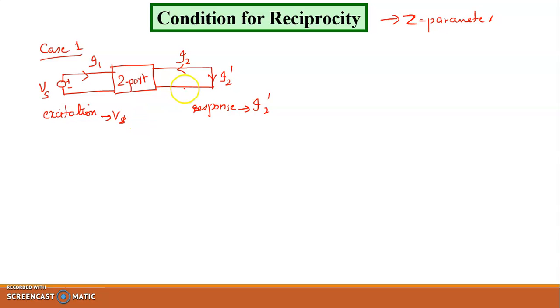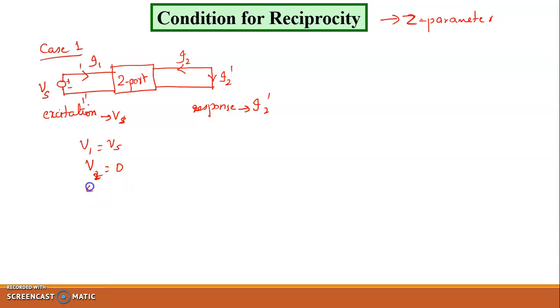Now, how can I write this equation? Here V1 is equal to Vs, because there is no resistance here. The voltage across the two terminals of port 1 is the same as the input voltage Vs, and therefore V1 is Vs itself. I have short circuited the output terminal, so V2 is equal to 0. So V1 is equal to Vs and V2 is equal to 0.